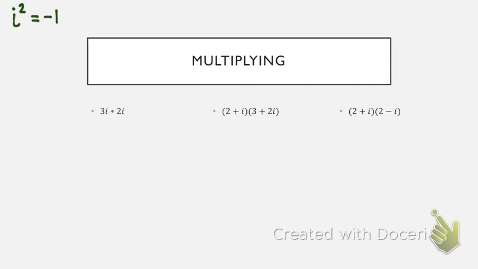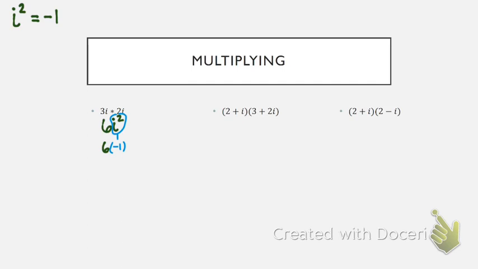So if you look at the first example, we have 3i times 2i. 3 times 2 is 6. i times i is i squared. This i squared is negative 1.